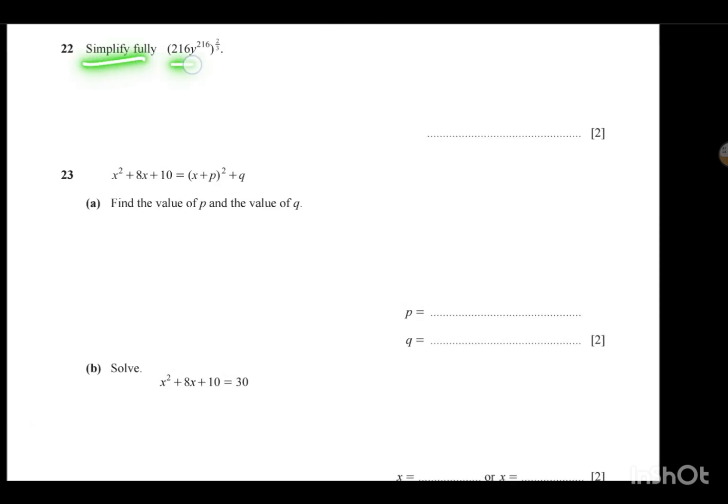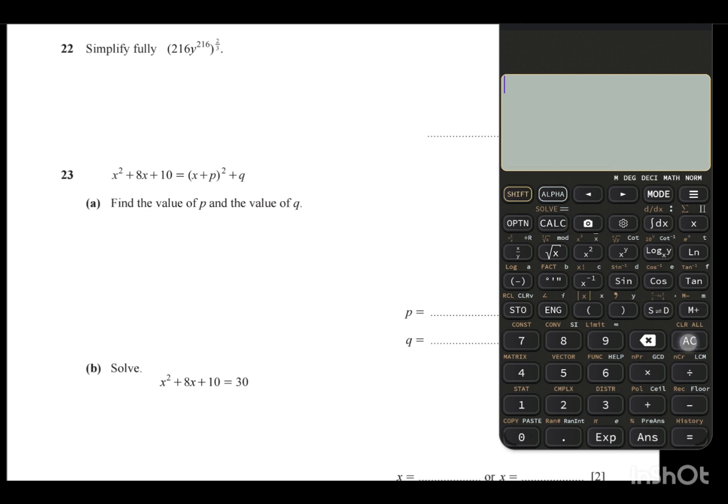Question number 22. Simplify fully 216 whole raised to 2 by 3. Now there is a power for the whole in fraction form and the denominator is 3. So let us take the cube root of 216, because I can write it as a cube and then cancel out the denominator 3.